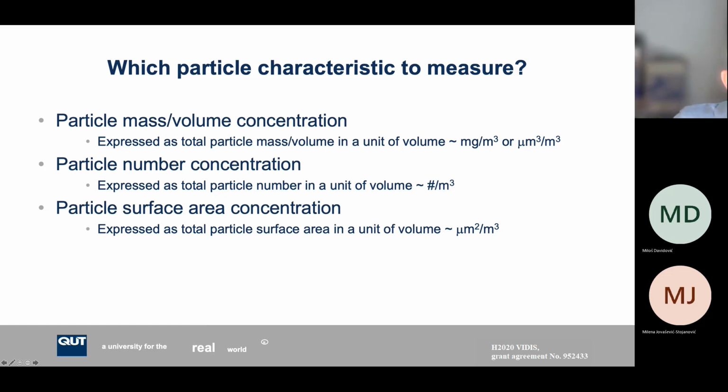But on the other side, number concentration can also be really important. That's expressed as the total number of particles per unit volume, per cubic meter, but more commonly per cubic centimeter. We could also look at the composition of a single particle, or of the whole assembly of particles per cubic meter.